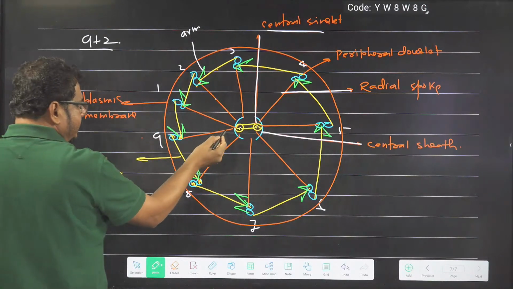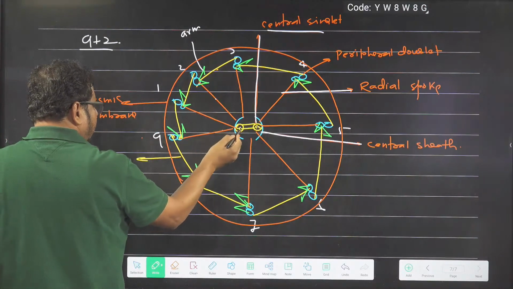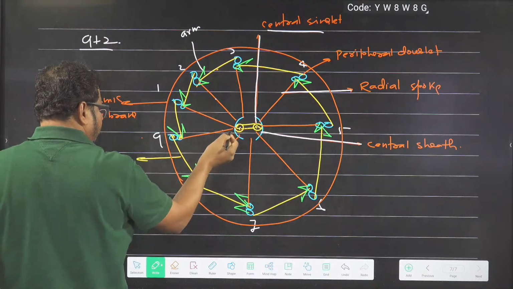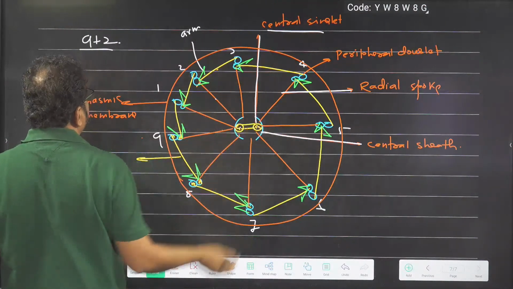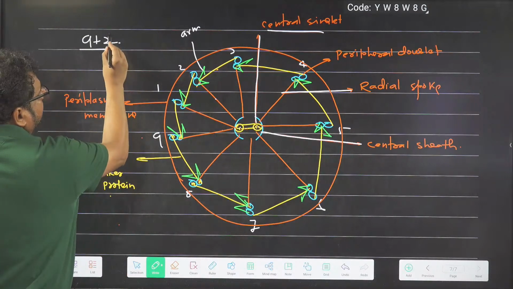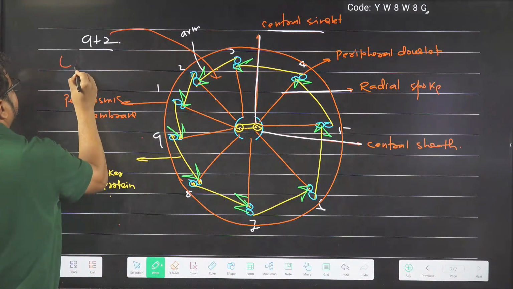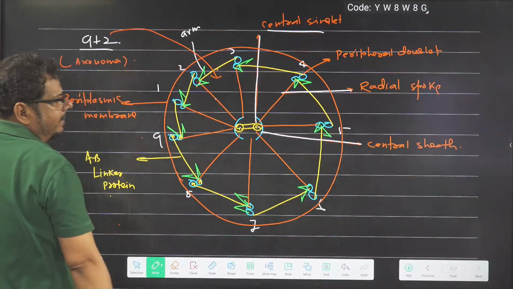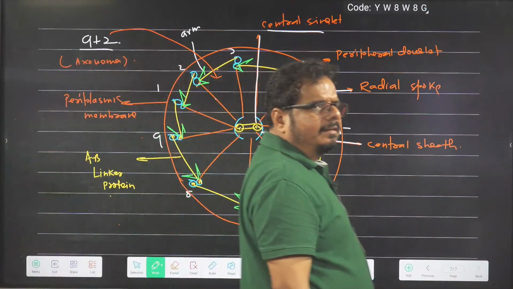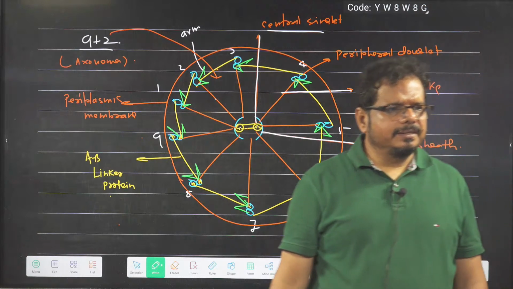And inside of the periplasmic membrane, this 9 plus 2 structure is what basically? Axoneme. So this is the ultrastructure of cilia and flagella. Did you get the idea? Clear in the mind?